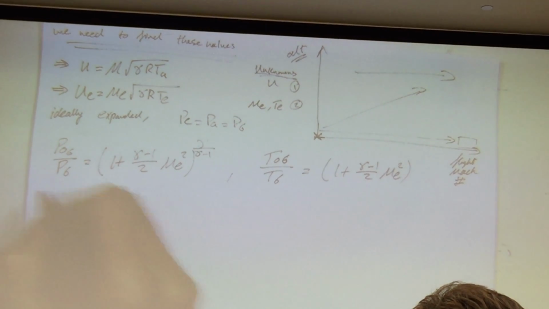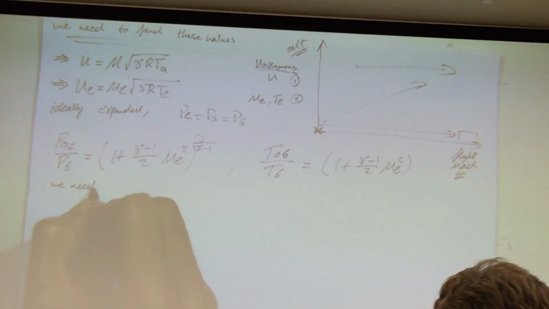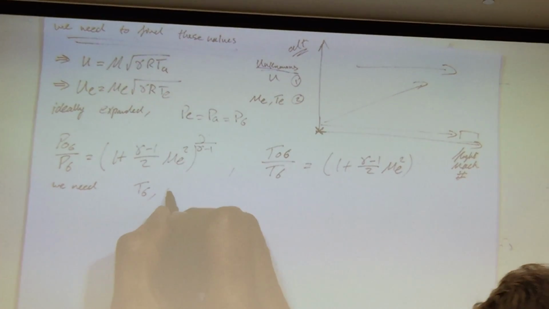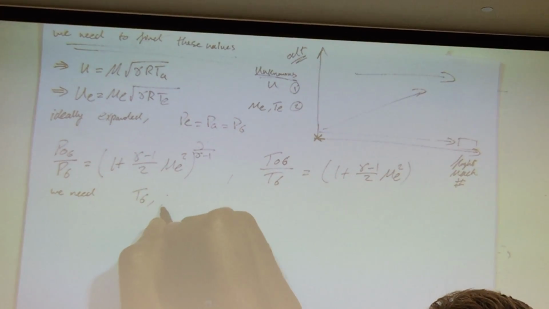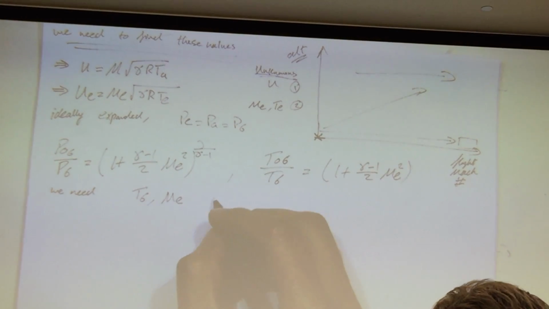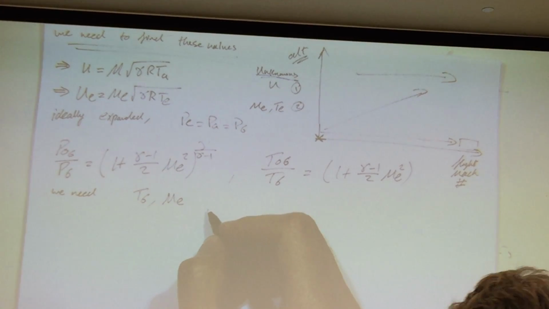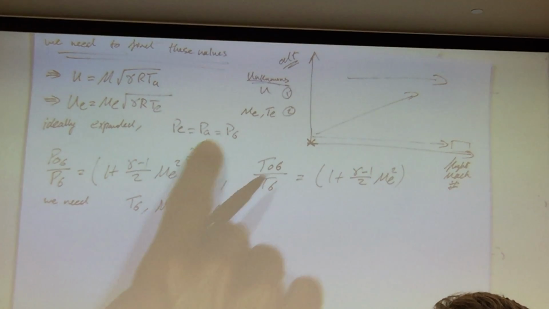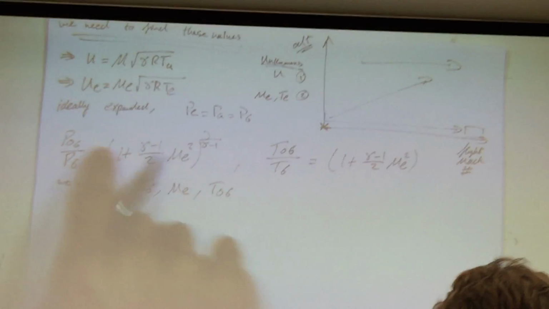But from this, we need to find T stagnation 6. T stagnation 6 is based on ambient, so I will know this. I need M exit. If I know this, and I know my stagnation pressure, I can figure out my Mach number.